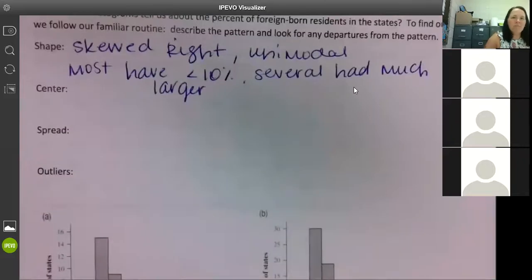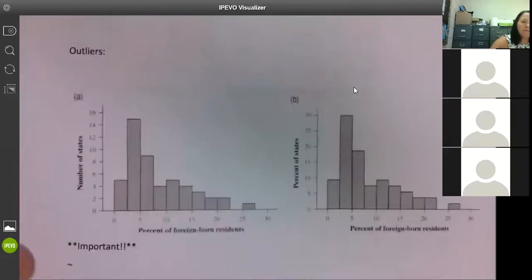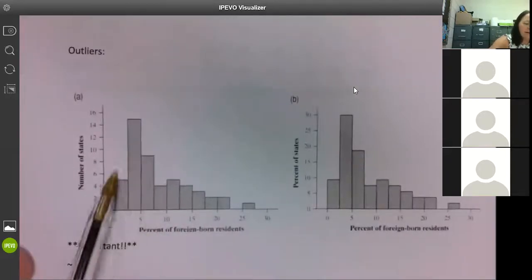That's all it's saying. So where's the center? What do you think? What do you think it's close to? Yeah, so it looks like it's somewhere in this area, right?